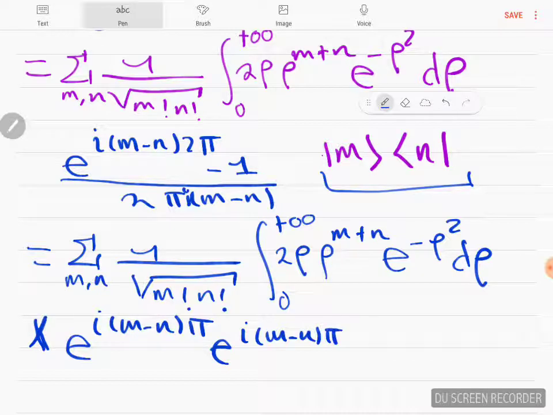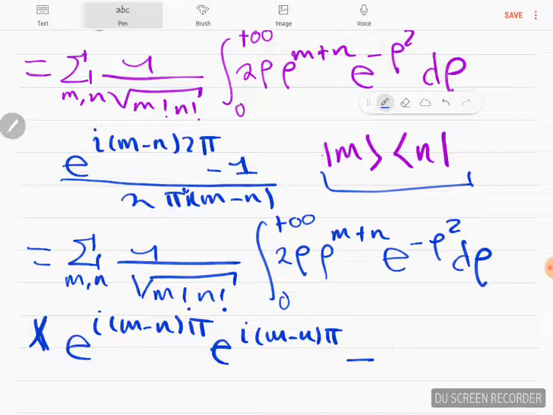You can see that this is actually e to the i(m minus n) 2 pi, since that's just adding exponents when you multiply exponentials. Then minus, we have a minus 1 here.